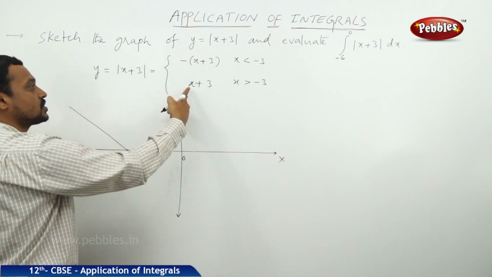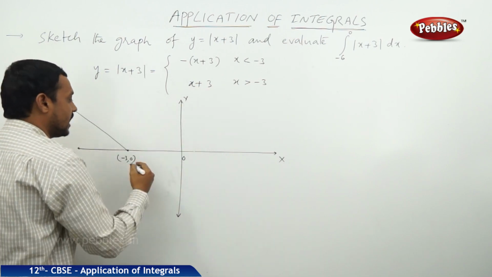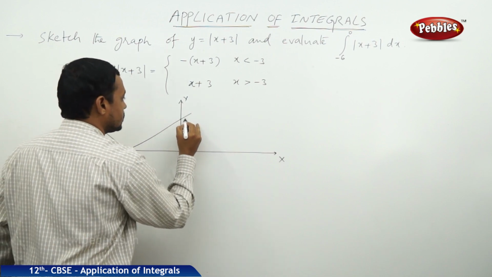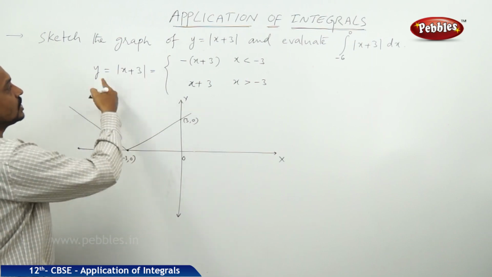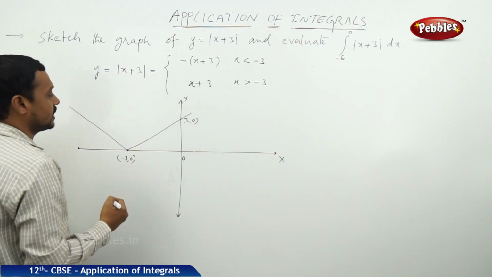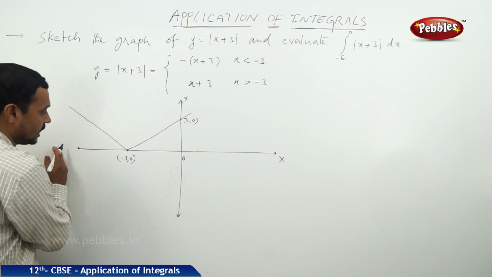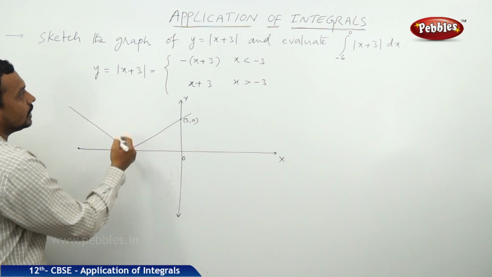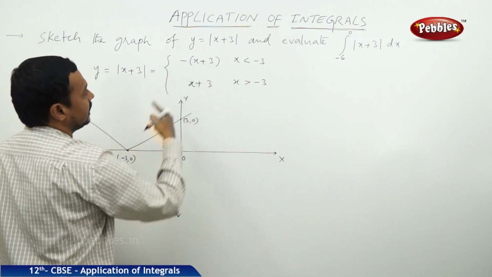So it is also a straight line whose intercept is 3 units on y axis. So the straight line will be like this. So it is 3 comma 0 point. Now this is the graph of y is equal to mod x plus 3. When x value is less than minus 3, the straight line is y is equal to minus x minus 3.